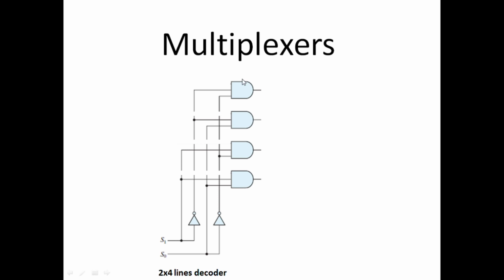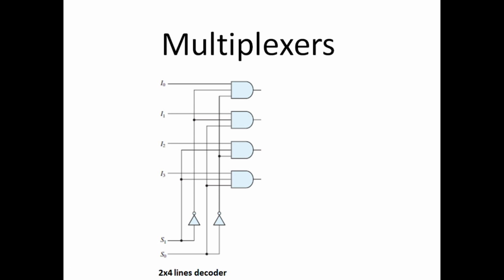Okay, so the simple procedure is to first connect input lines to each of these AND gates of the decoder. There are four AND gates, so four input lines are connected to these AND gates. One input is connected to the first, second to the second, third to the third, and the fourth input line is connected to the fourth AND gate.